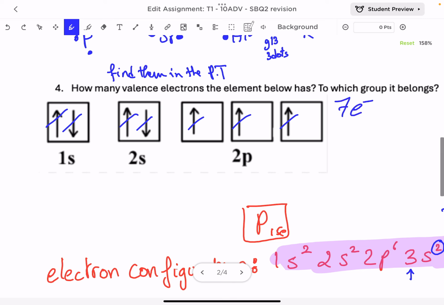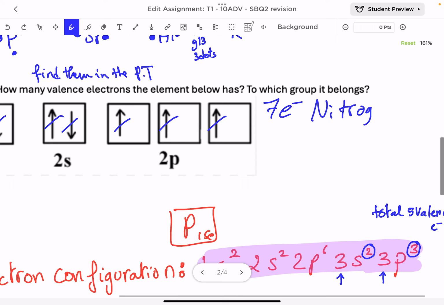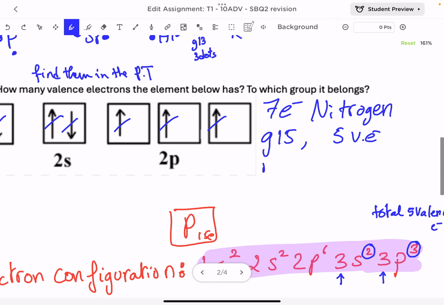If I go to the periodic table, 7 electrons is nitrogen. Nitrogen belongs to group 15. It has 5 valence electrons. It's a non-metal, in case they ask about this. It's in the P block.